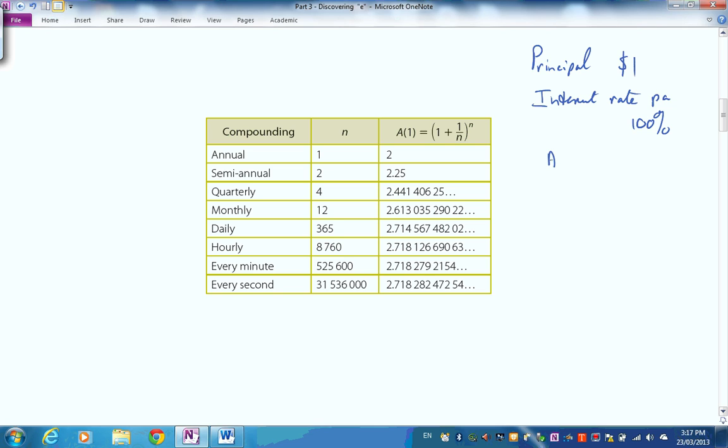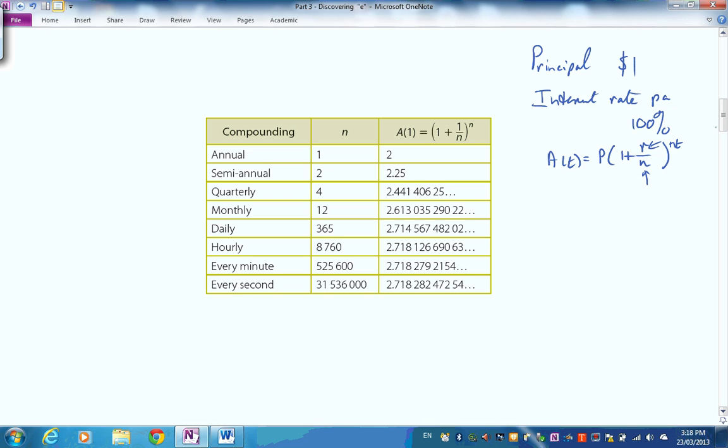Anyway, so the amount, as we saw before with compound interest, is P(1 + r/n)^(nt), where r is the interest rate as a decimal, n is the number of periods, and t is time in years.